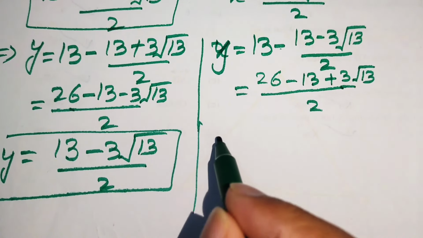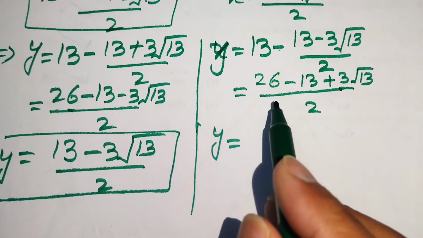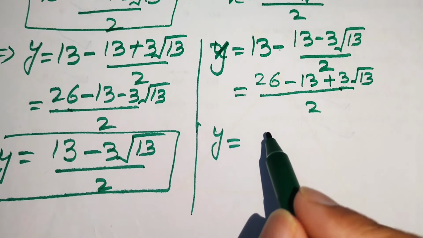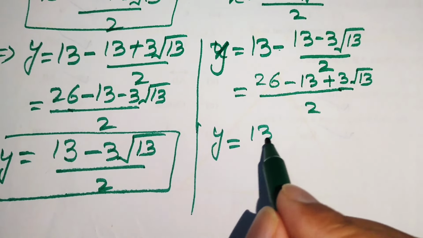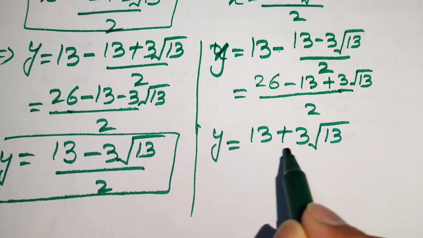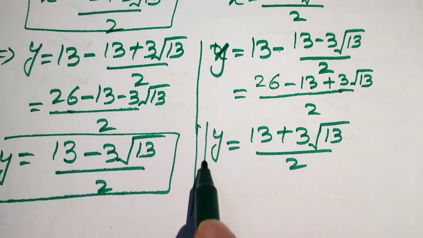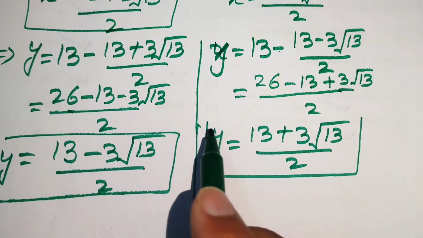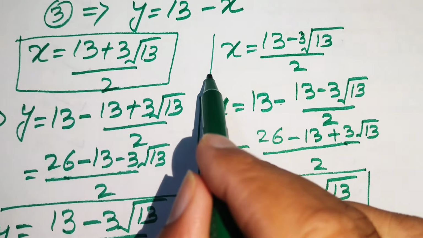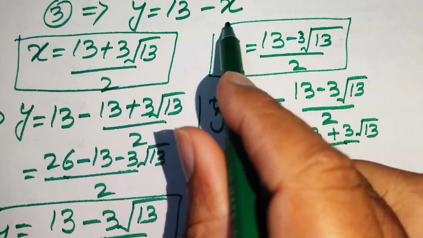So it is written as y equals 26 minus 13, and we know that 26 minus 13 equals 13 plus 3 into the square root of 13 divided by 2. So this is the value of y corresponding to the value of x is this one.